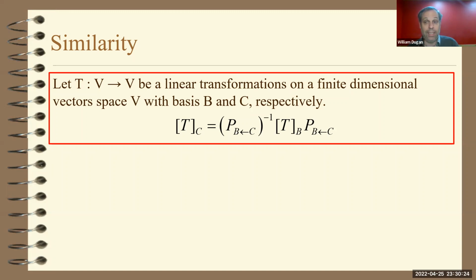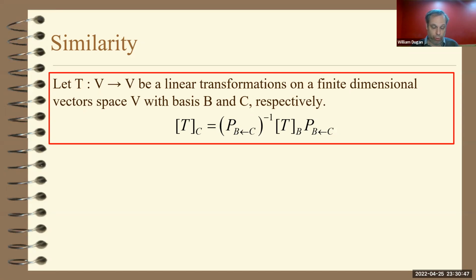And in fact, it's really easy. The matrix of T relative to C is a product of three matrices: the inverse of the change of basis matrix from C to B, times the matrix of T relative to B, times the change of basis matrix from C to B. And that's a similarity relationship between those two matrices.